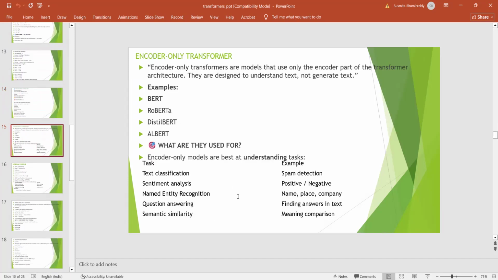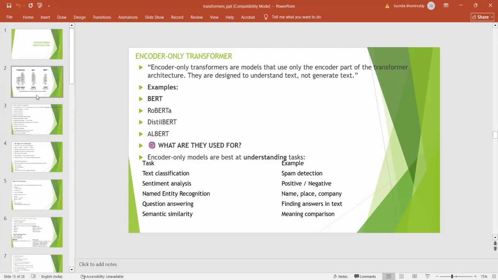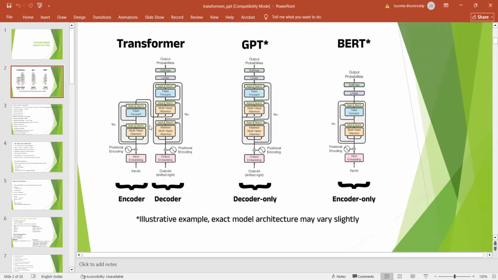Now, the encoder-only transformer. So what does encoder-only transformer mean? These are the models that use only the encoder part of the transformer architecture. They are designed to understand the text, not generate the text. So this is the encoder architecture.